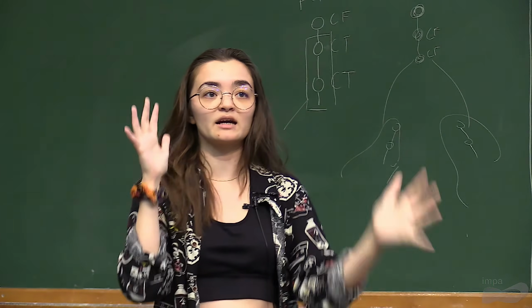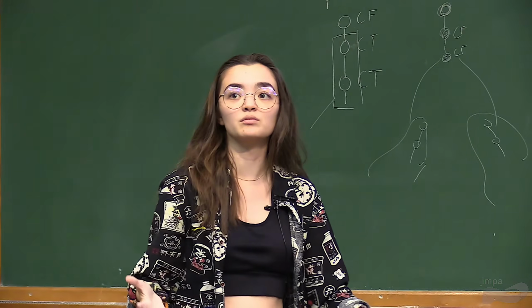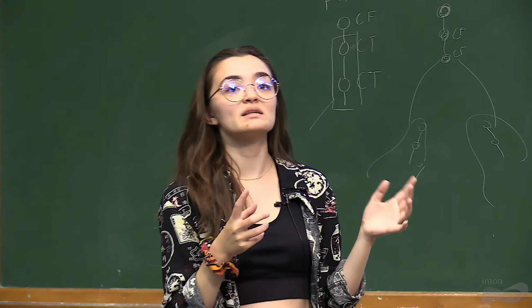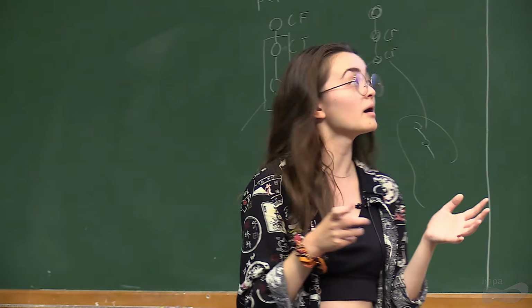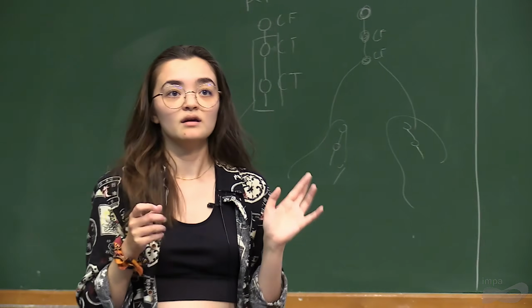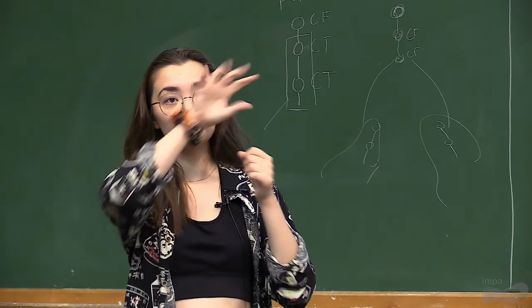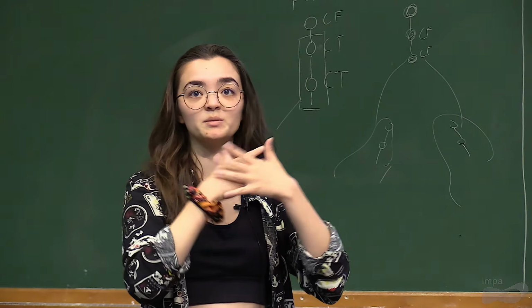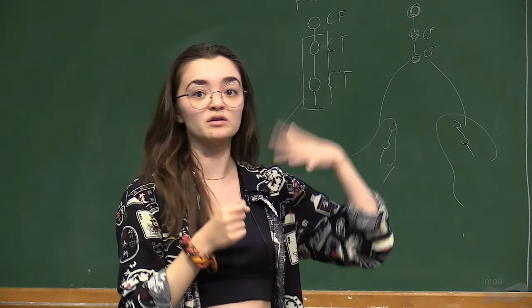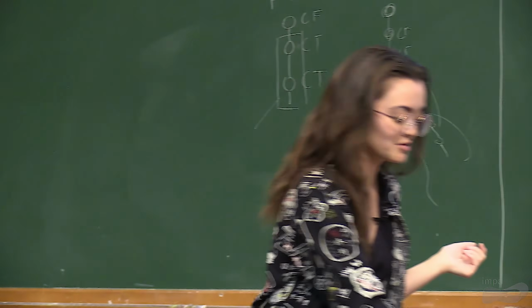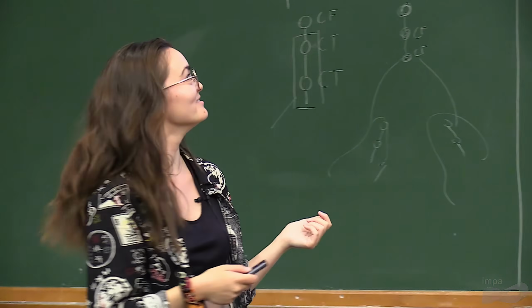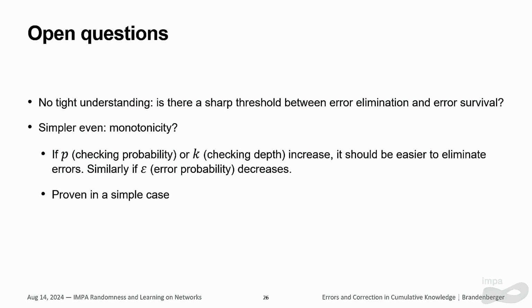Essentially, the entire DAG is false, and the question is just, can you remove it? In this case, epsilon is 0 and q is 0. But for any general case where you have some positive epsilon, so you start with some true nodes, and then you have some positive probability of injecting error, we don't have this sort of monotonicity result, which seems true, so it'd be nice to prove.